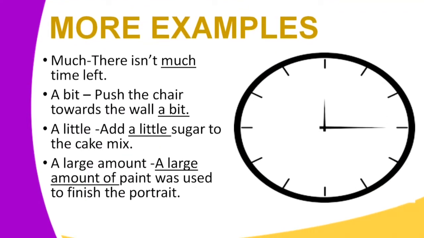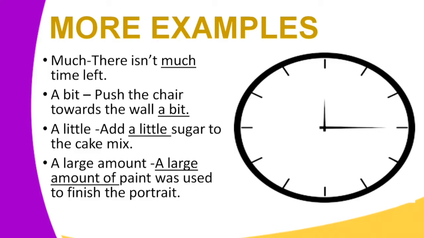Let's look at more examples of quantifiers that are usually used to assign quantities to non-countable nouns. 1, we have much. For example, we can say there isn't much time left. So much is a quantifier. Next, we have a bit.